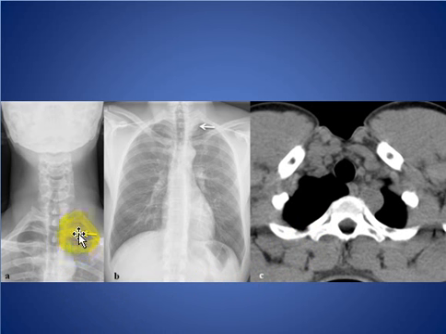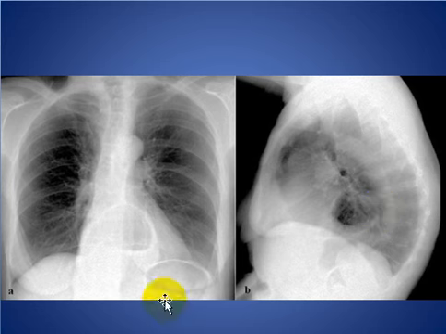Here we see a mass in the AP cervical spine, above the clavicle, posteriorly located, and proved to be a neurogenic tumor. Here you see a large hiatus hernia in the AP and lateral view.